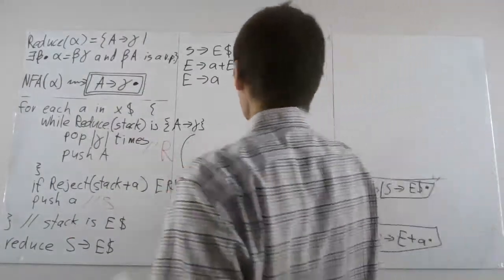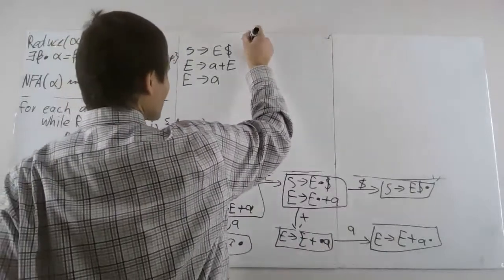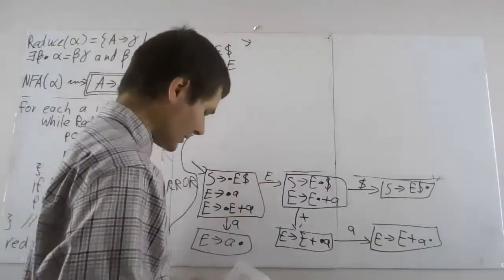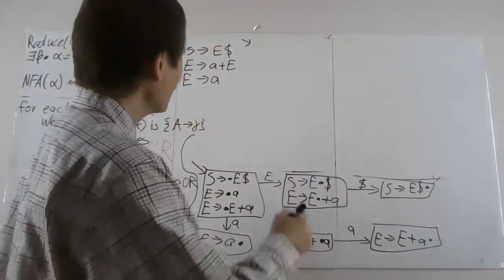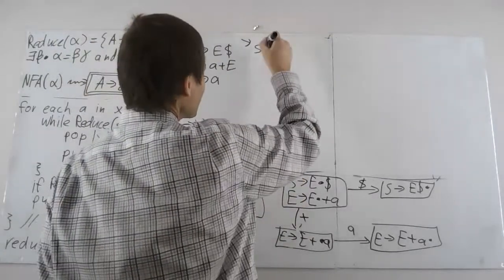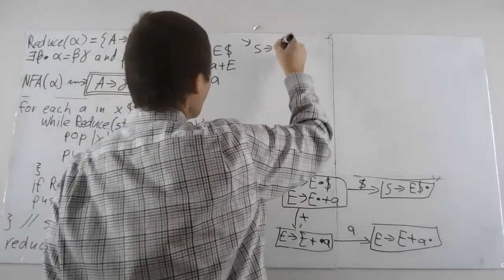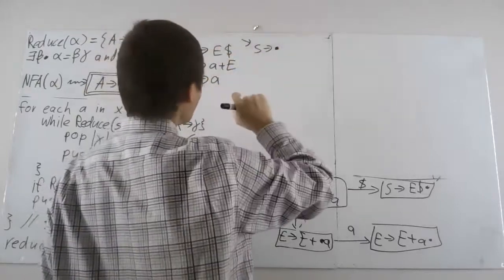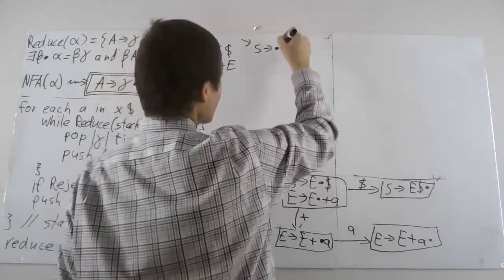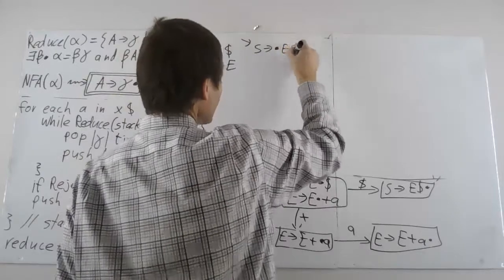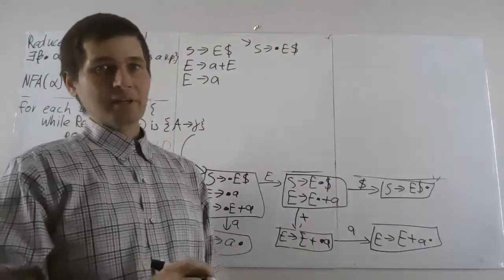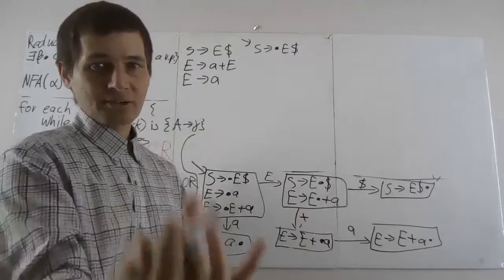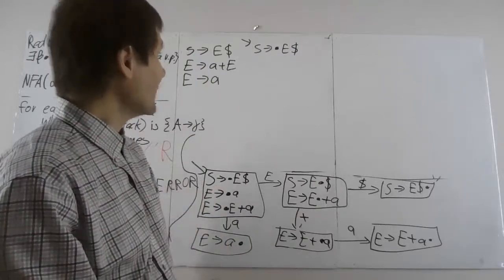For a little grammar like this, you might be able to do it in your head as well. So the NFA would have a start state with the augmenting production rule, S goes to dot E $. That would be the start state of the NFA.